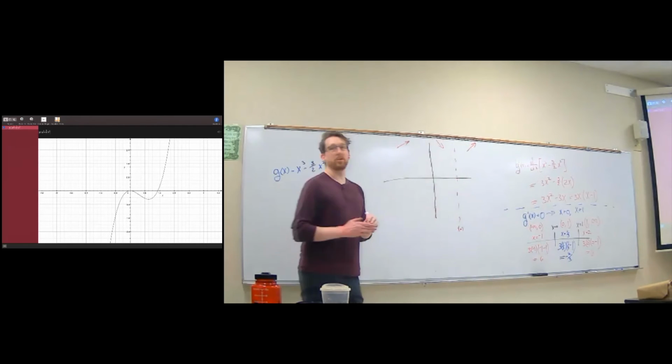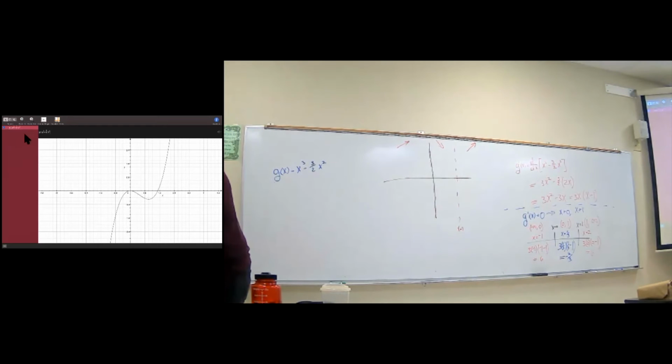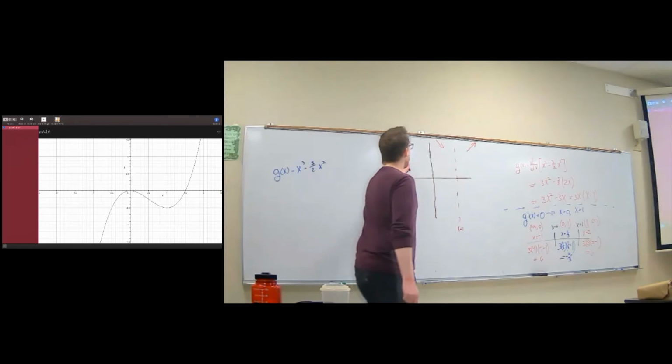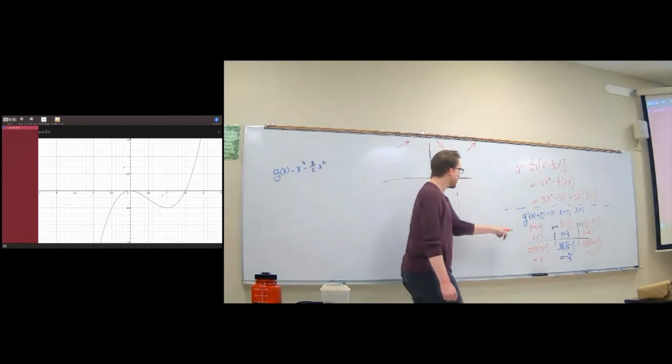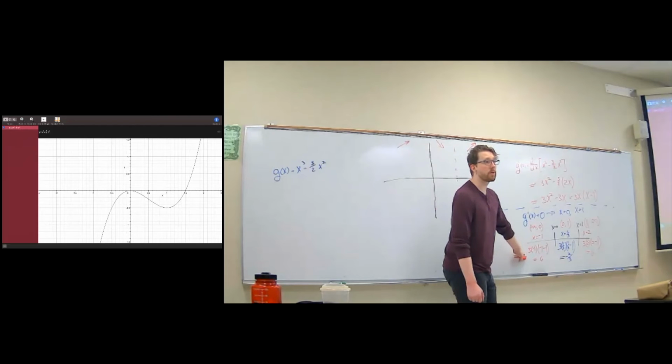Okay. So check out what we've got though. Our function up until 0 is increasing. After 0, it's decreasing. And at 1, it starts to increase again. We're increasing, decreasing, increasing, just like what our critical numbers insinuated.